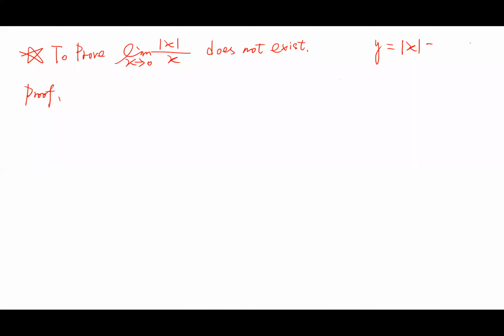We know if x is larger than 0, then the expression of this function is x, right? And if x is smaller than 0, then the expression should be minus x. The 0 you can write up or down, both are okay, or we can list it here.